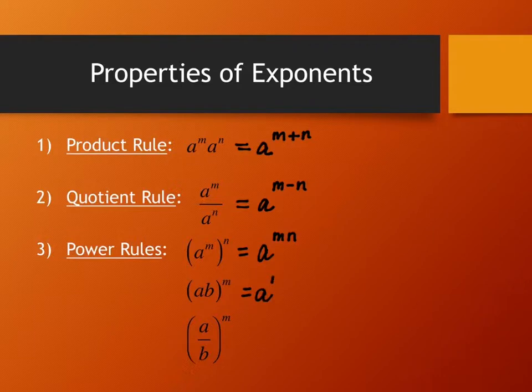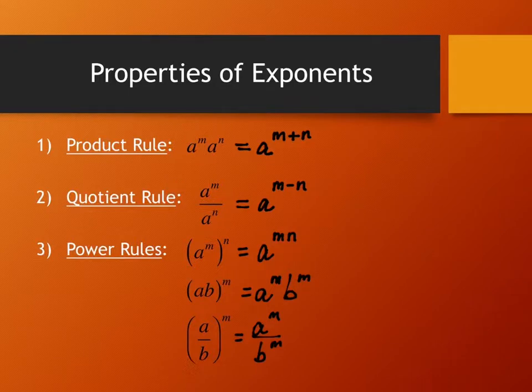So this is a to the m, b to the m, and the reason that's working is because multiplication is both associative and commutative, so you can switch the orders of things and regroup them when you're multiplying. And if multiplication raised to an exponent works that way, then so does division. So this is a to the m over b to the m.